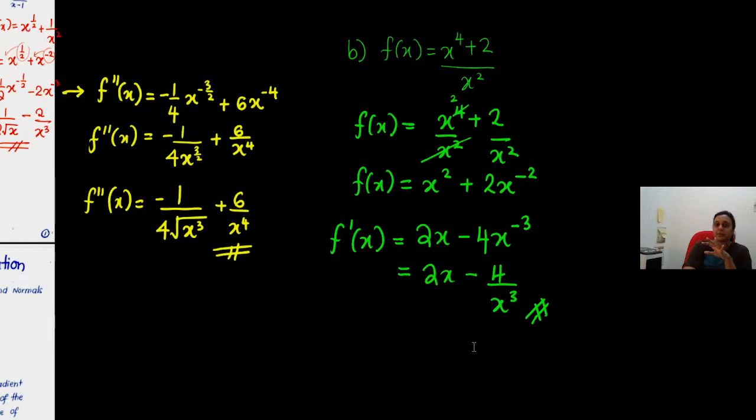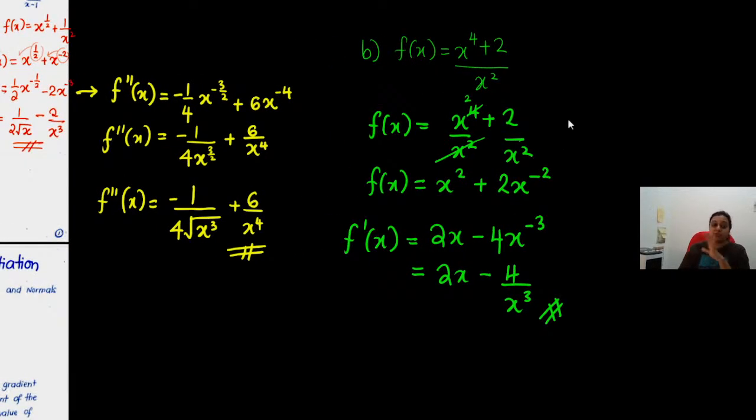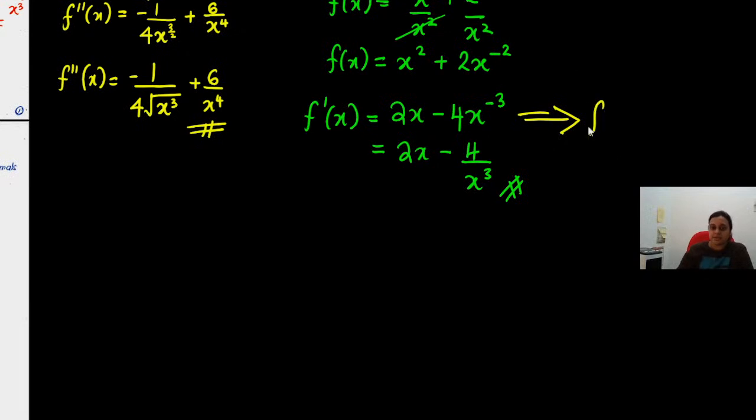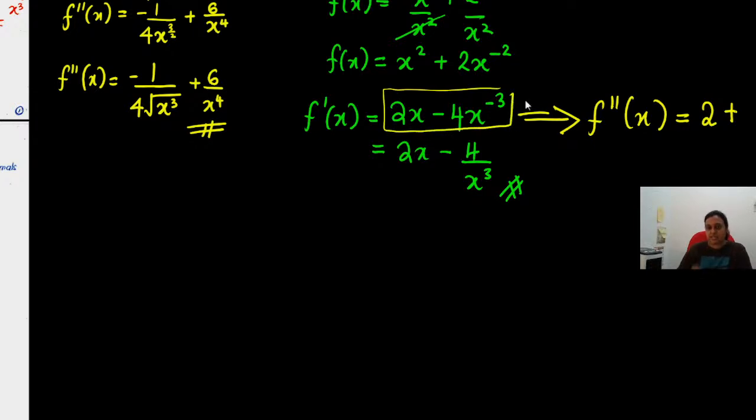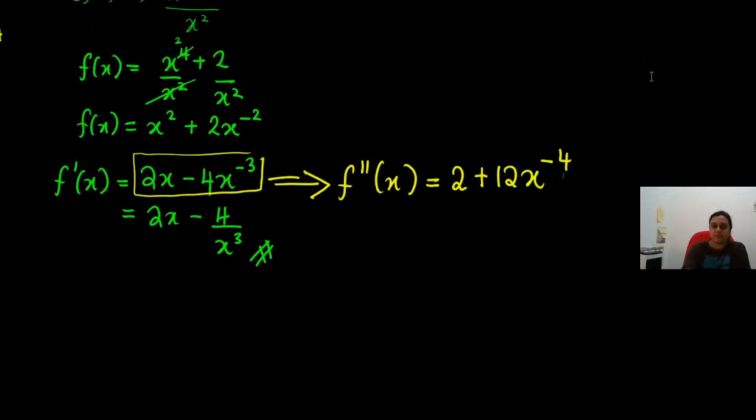But now let's say the teacher wants to continue to find the second derivative. So I continue from here. The second derivative is 2 plus, differentiating this one, 12x^(-4).